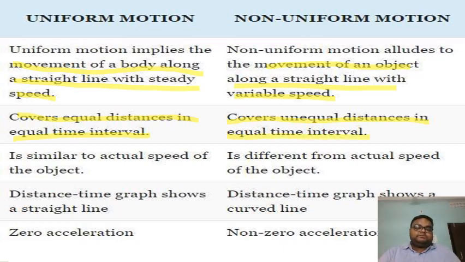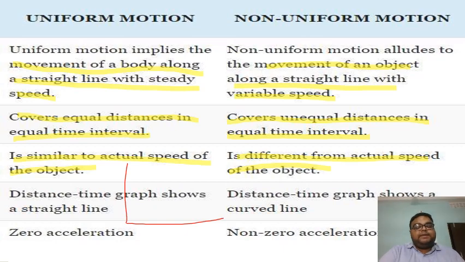Okay. Right. So uniform motion is similar to the actual speed of the object, but non-uniform motion is different from the actual speed of the object. When we look at the distance-time graph in our next class, we will find that the distance-time graph for uniform motion is a straight line, but the distance-time graph for non-uniform motion is not a straight line.